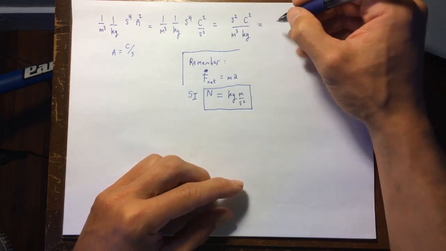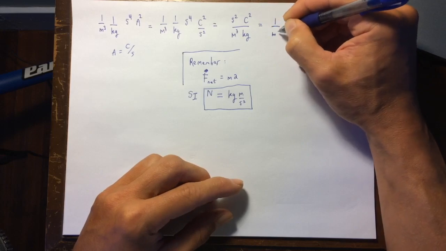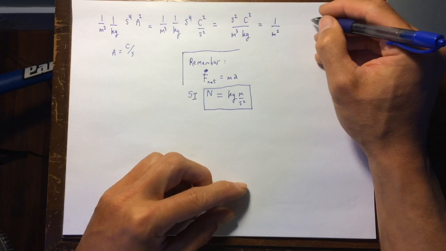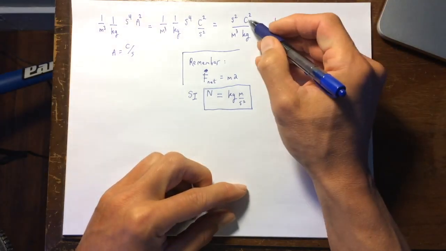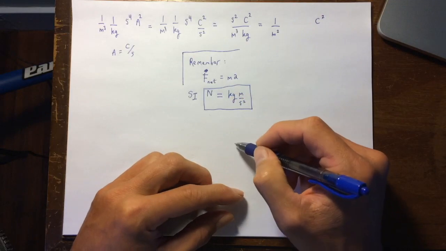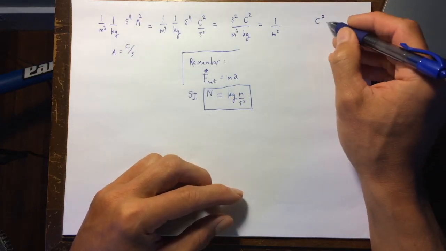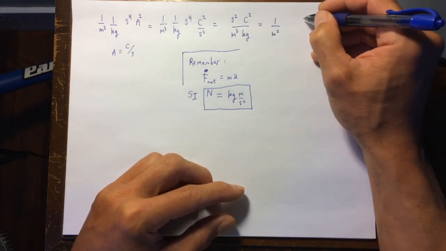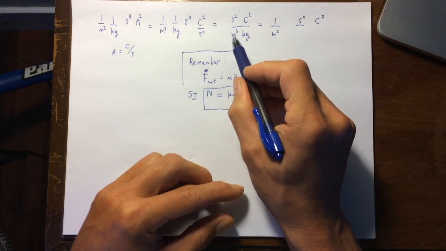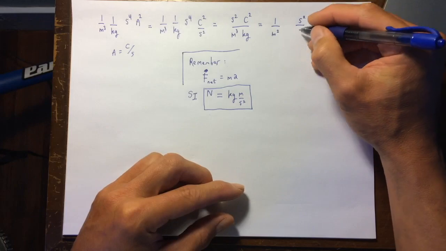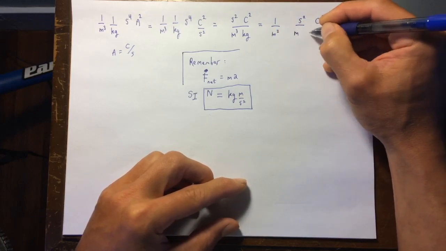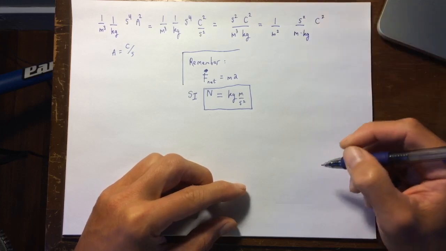Check it out. If I separate off 2 of the factors of the meter and separate off the Coulomb squared, because charge is nowhere in this expression for the Newton, what's left over is seconds squared over, remember I have meters cubed, but I only took away 2 of them, so I've got meters, kilograms there.